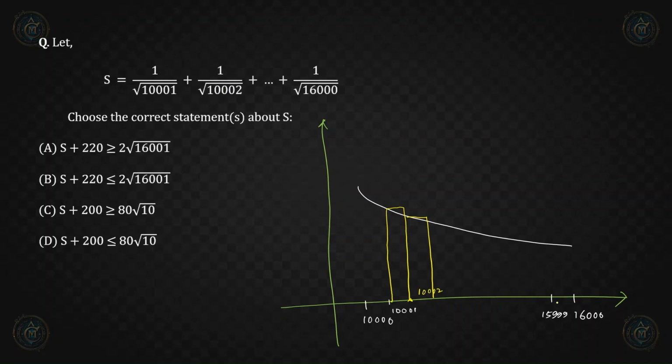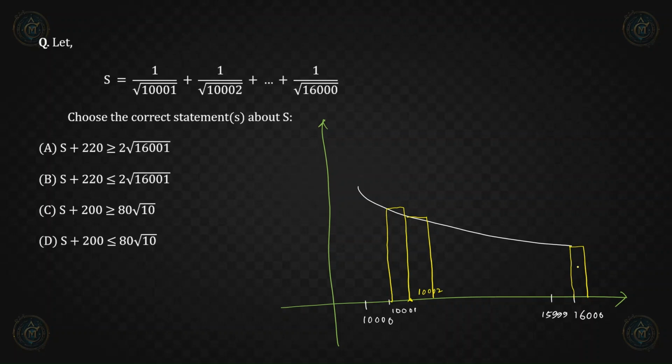So if we go like this and we construct this rectangle here for the last point 16,000, and in the same direction. So remember, we are choosing the same direction. That is important, because we don't want any of these rectangles to mix up with each other. We want them to cover separate areas so that we can add them.